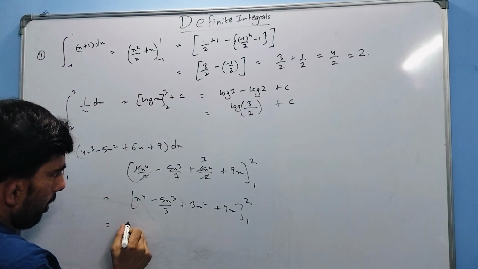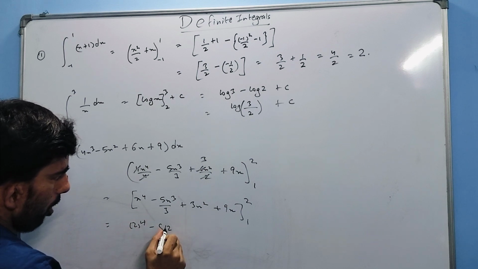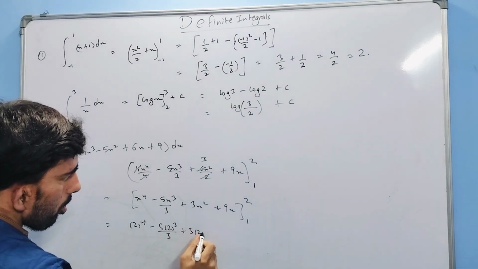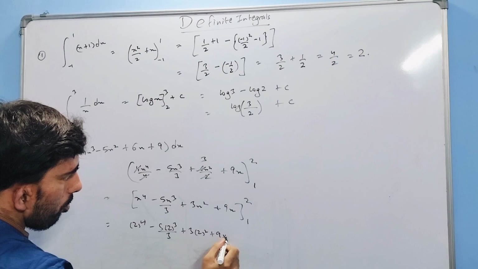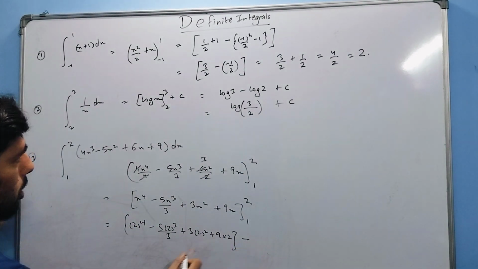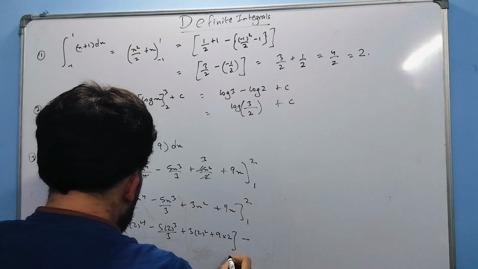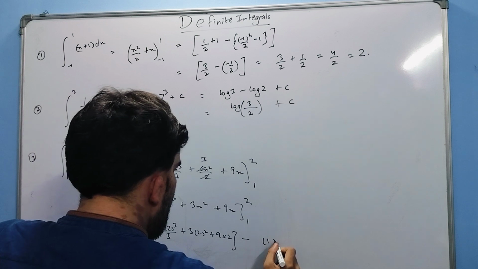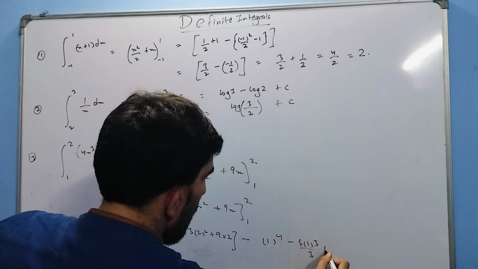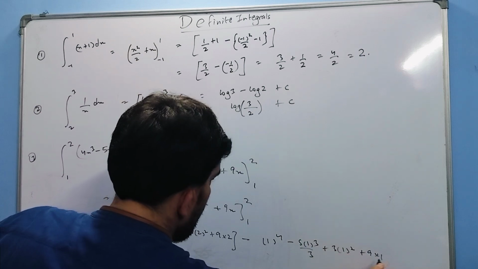So I got 2 to the power 4 minus 5 into 2 cube by 3 plus 3 into 2 square plus 9 into 2. Okay, now minus, we will put the value: 1 to the power 4 minus 5 into 1 cube by 3 plus 3 into 1 square plus 9 into 1.